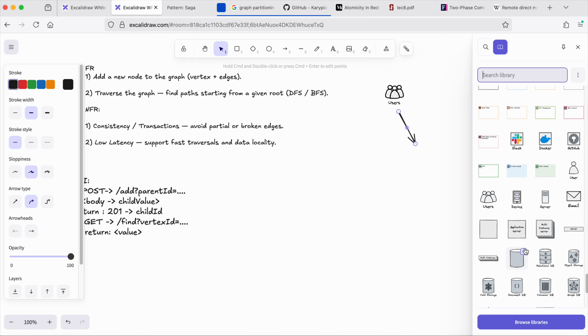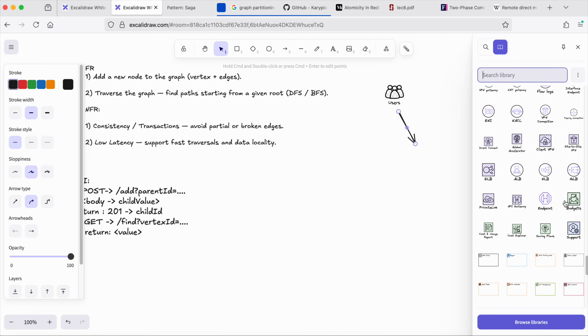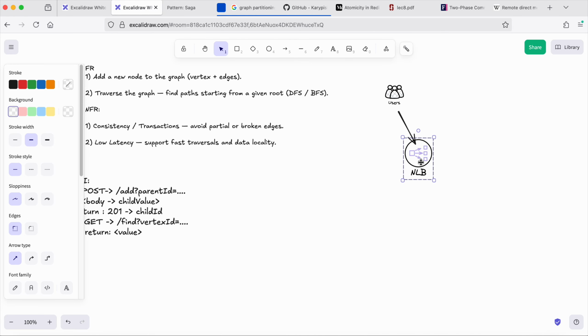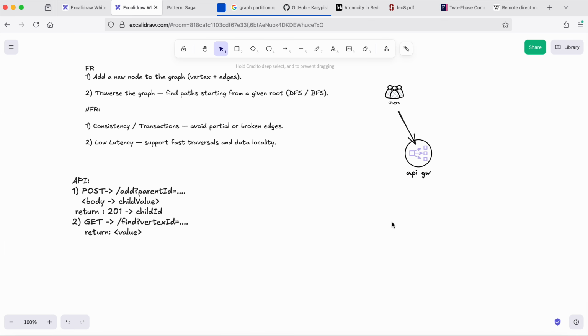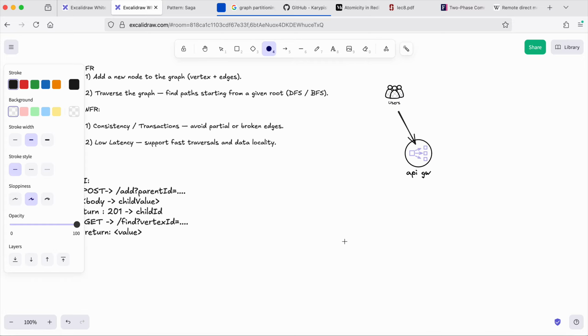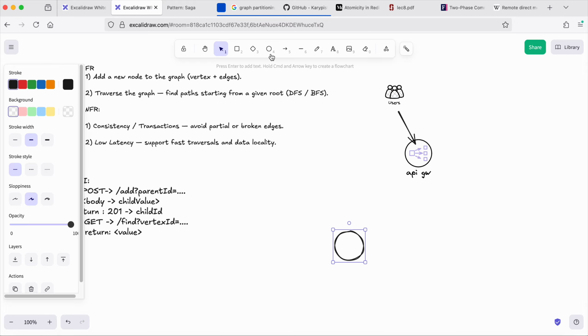So we still have some API gateway, and what are we doing here? We are about a masterless architecture, and it means that we don't have a global coordinator. Any node that receives the request becomes the local coordinator. So currently we have nodes here, one node, another.